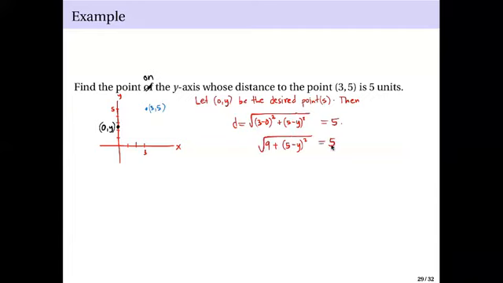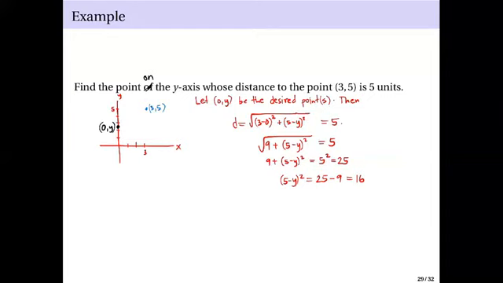The square of 5 is 25. And then we solve for y. We move the 9 to the other side. So you will have (5 minus y) squared equal to 25 minus 9. But 25 minus 9, that's just 16.